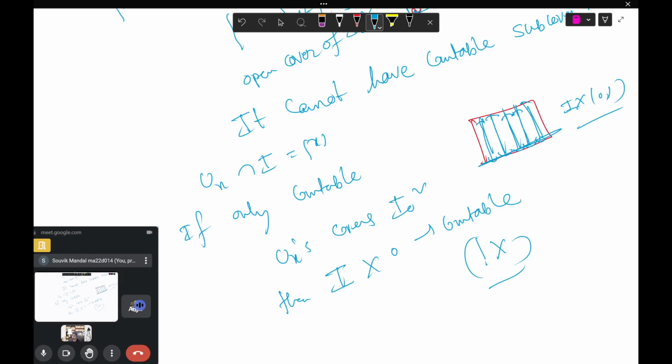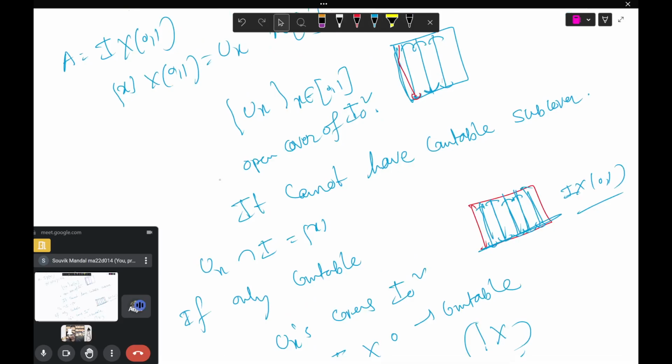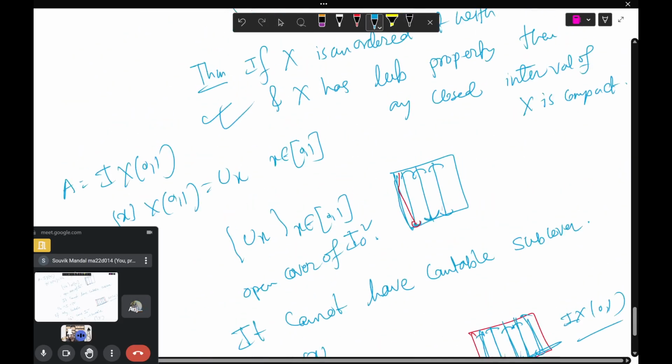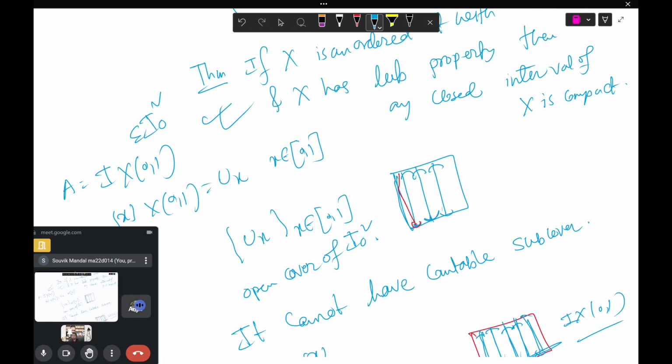Sir, the space which we have taken, I cross {0, 1}, is a subspace of RL. No, it is not. It is a subspace of I0 square. Okay.